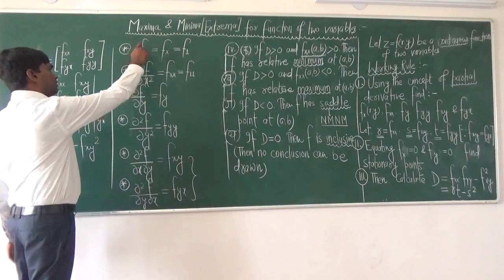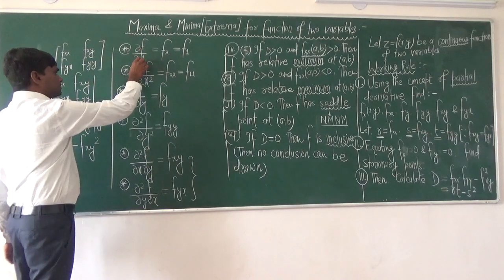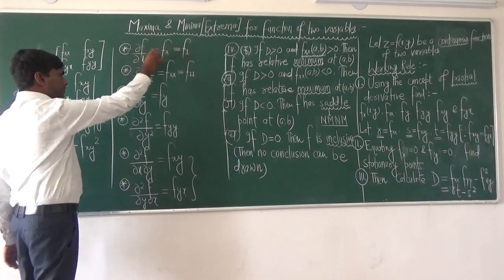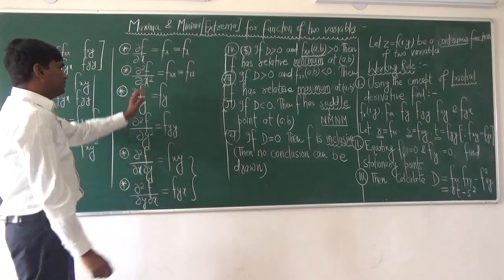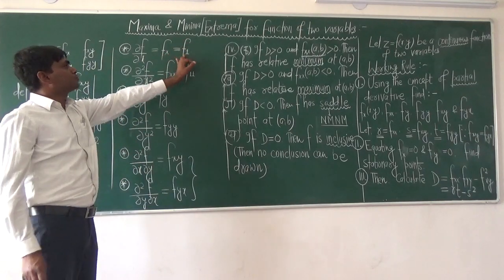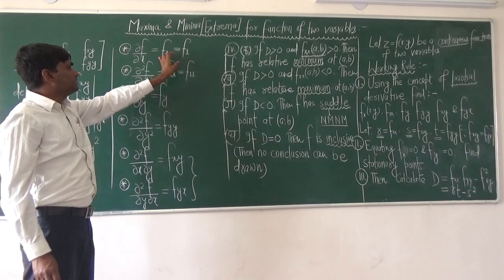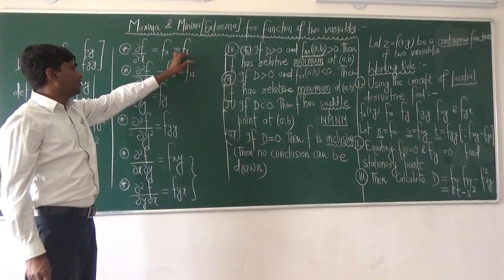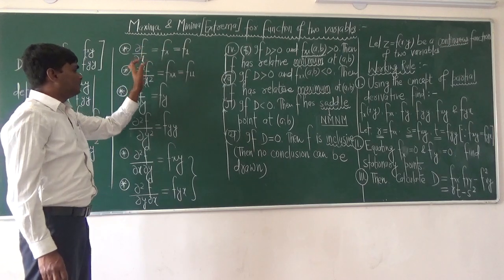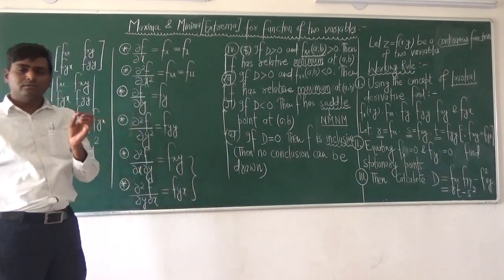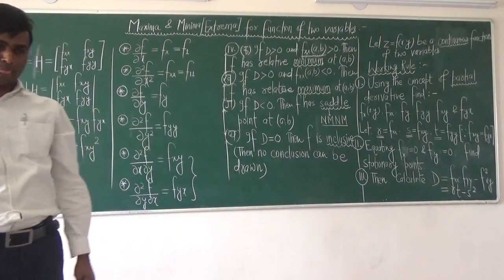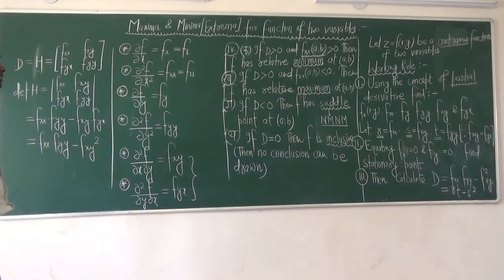So del f upon del x indicates fx. It may also be written as f1. It means fx, f1 and del f upon del x are the same thing.